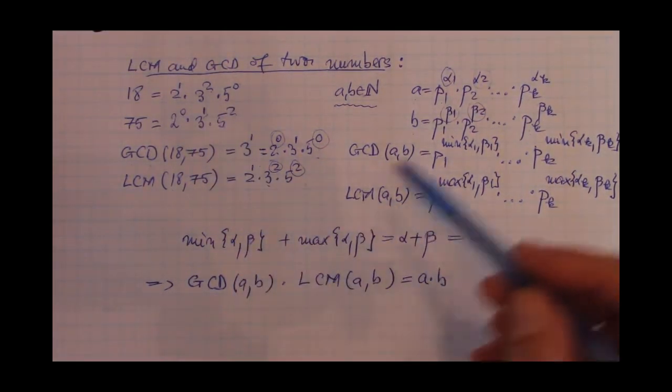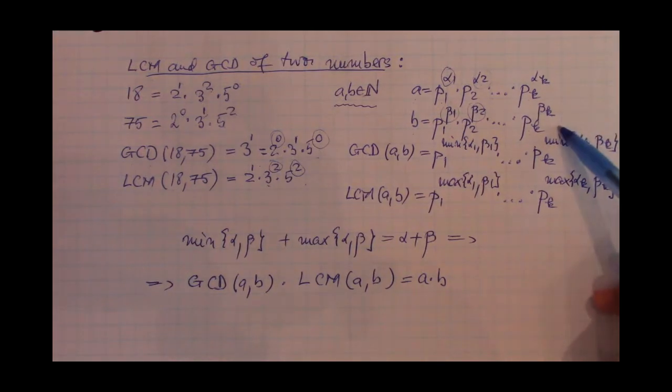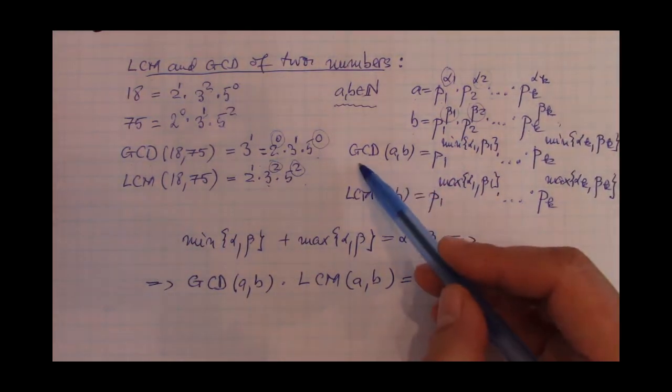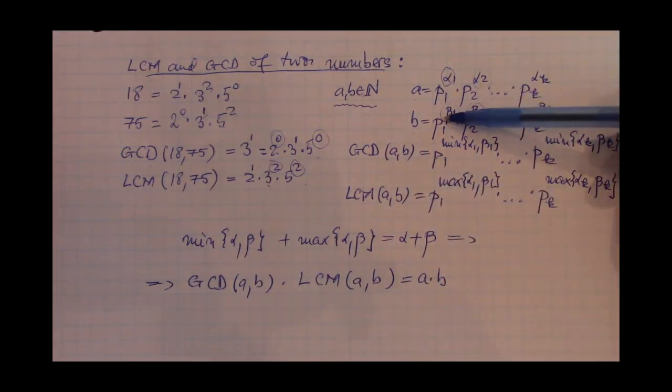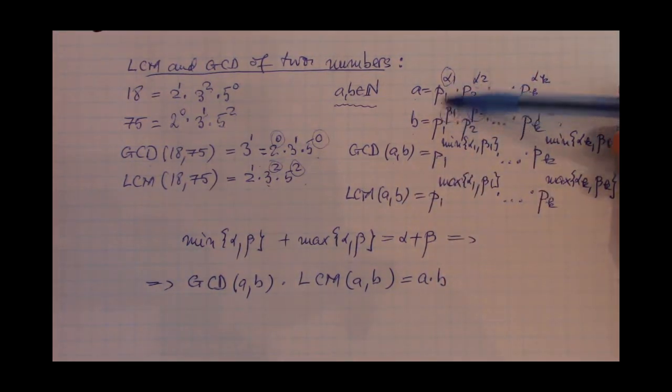Now, using this way of writing our numbers A and B, we can simply compute the GCD of these two numbers. We take every single one of these prime numbers to the smaller of the two powers.